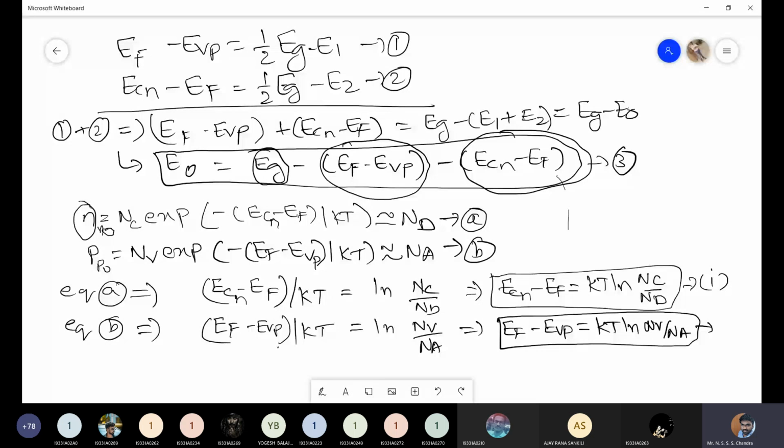This I will call equation number 2. Everyone please note down till here, because I may move on to the next page. All this equation might not be visible for you, so I'll give you 2 minutes of time so you can note it down.